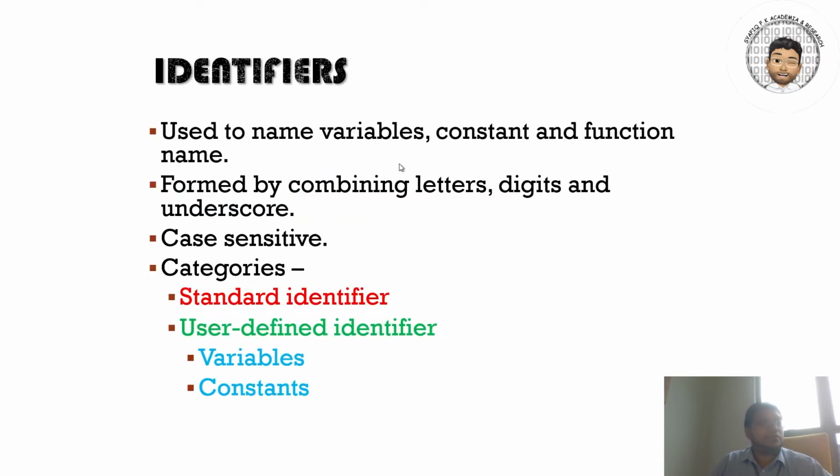And then other than header, we have identifiers. We have two types of identifier: standard identifier and user-defined identifier. Standard identifier, usually you cannot change or use it for other things. If not, your code will have an error. And the user-defined identifier is the one that you can use to determine the variable.